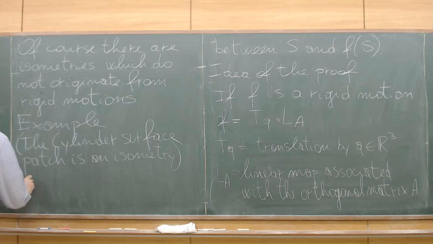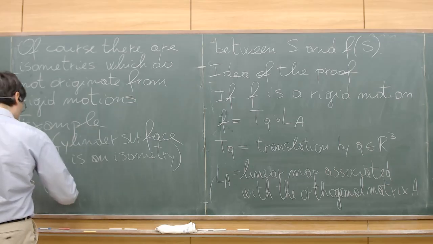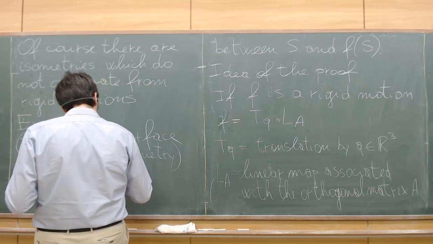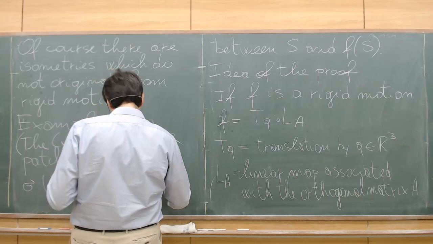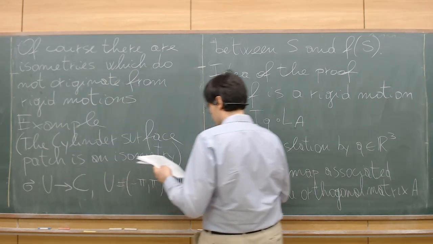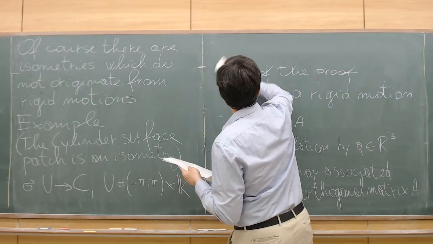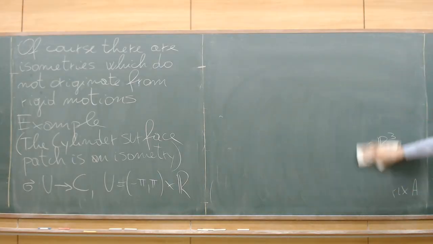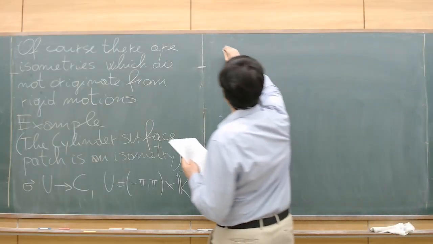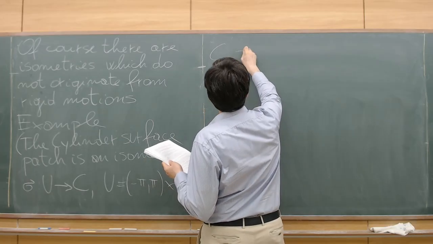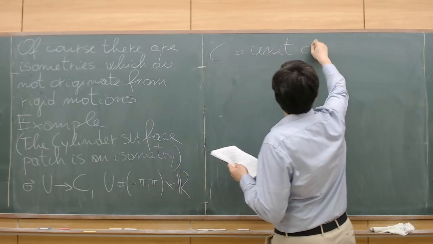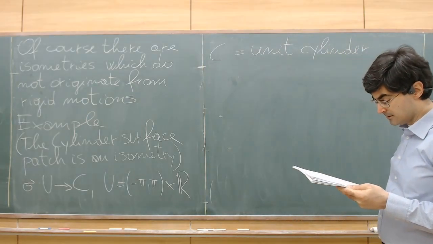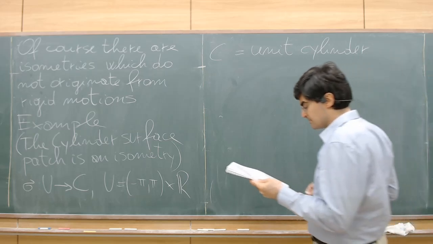So consider the surface patch sigma defined on U with values in C, where U is (−πR, πR) × R, and C is the unit cylinder with axis given by the z-axis.